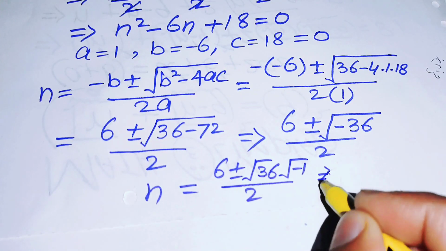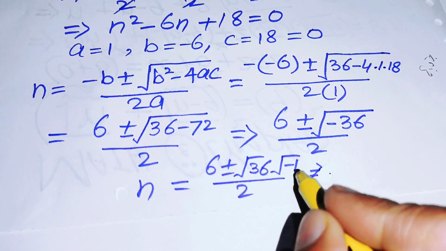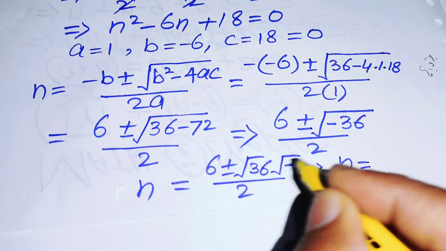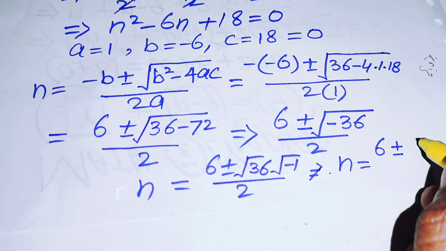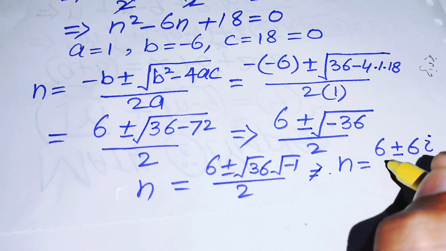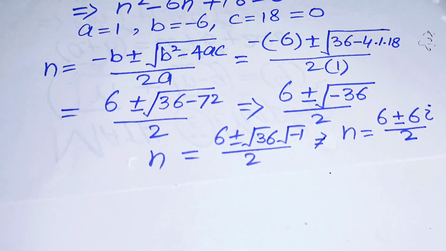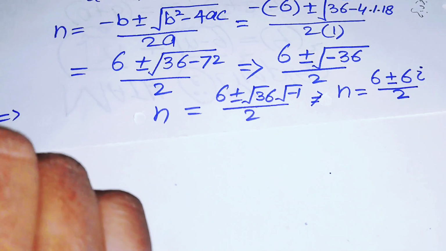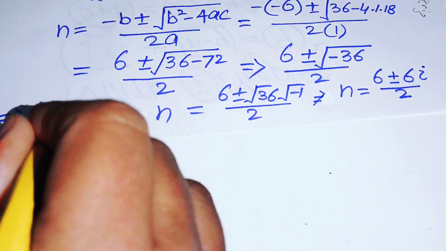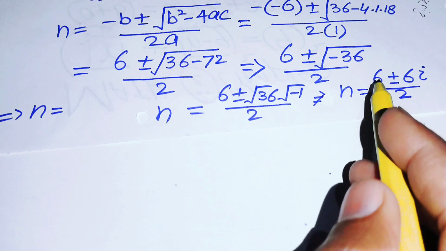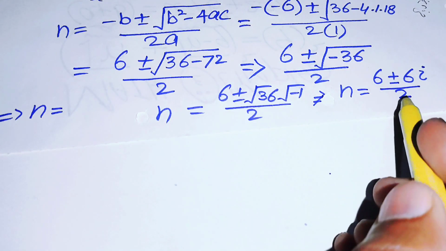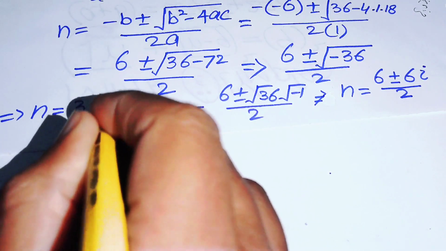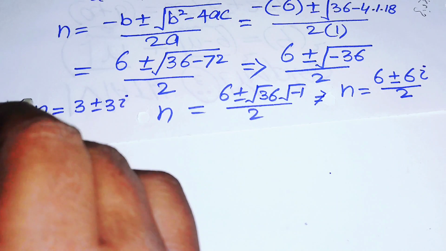We know that the square root of -1 equals iota, and the square root of 36 equals 6, so we get 6 times iota divided by 2. When we simplify this term, we take 6 common from these two terms, and it is cancelled by the denominator, and we get n = 3 ± 3i.